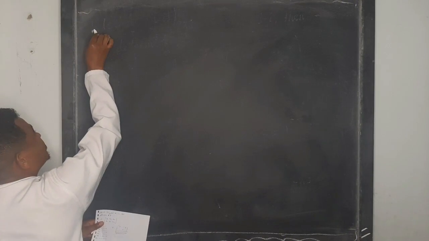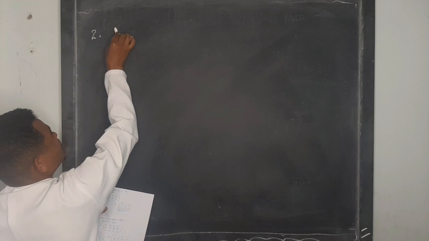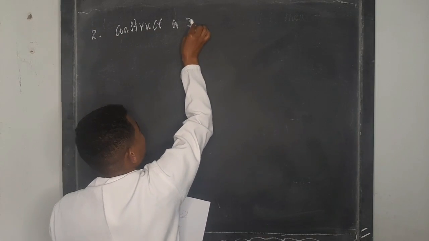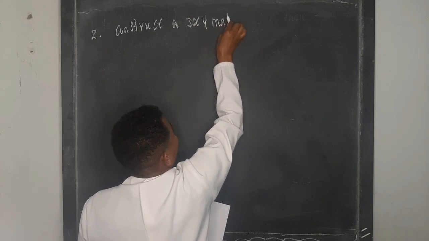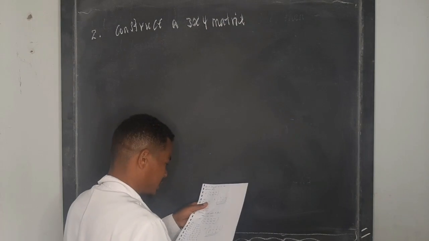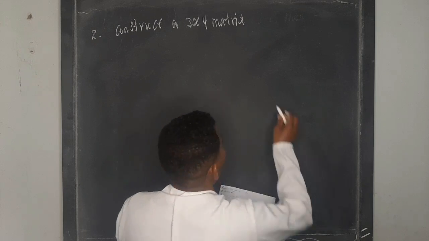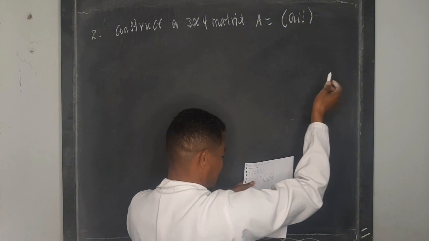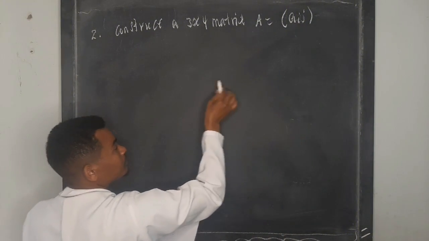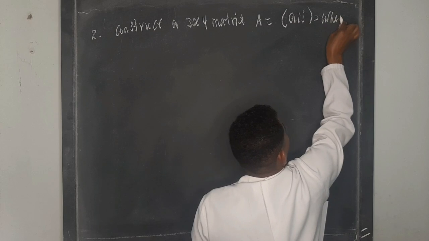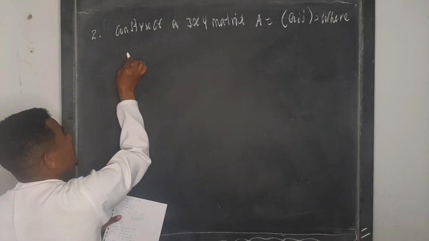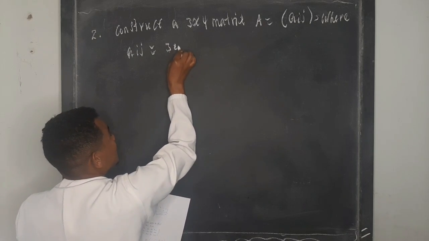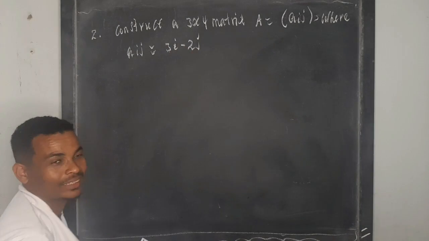Question number 2: construct a 3 by 4 matrix A = [aij], that is of size 3 by 4, where aij is equal to 3i minus 2j.